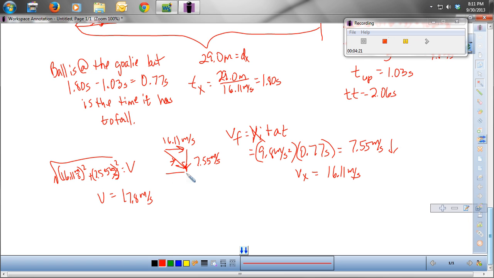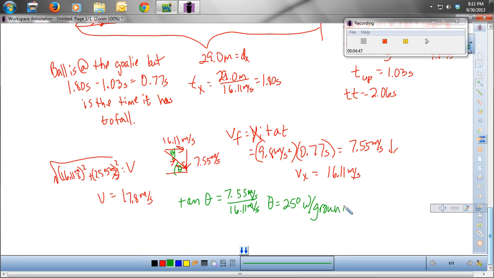And then I needed the angle theta with the ground. So that's my theta. So I said tan theta is 7.55 meters per second divided by 16.11 meters per second. These cancel, of course. And so theta was 25 degrees with the ground.